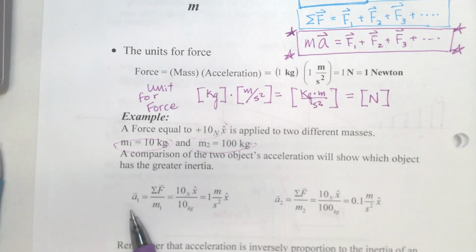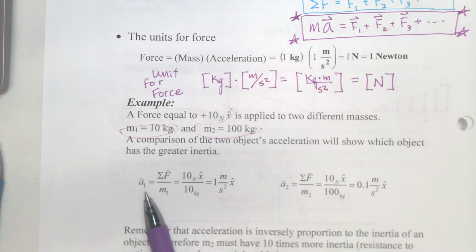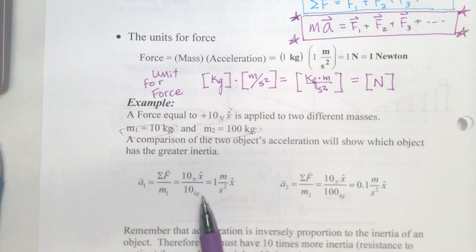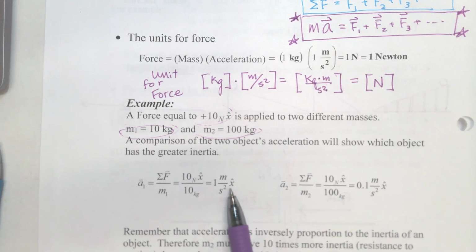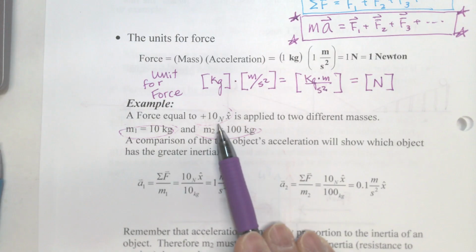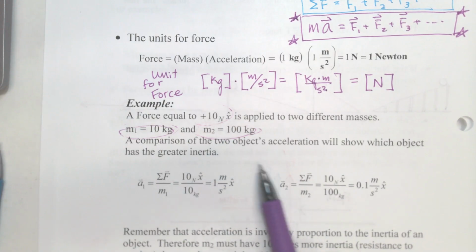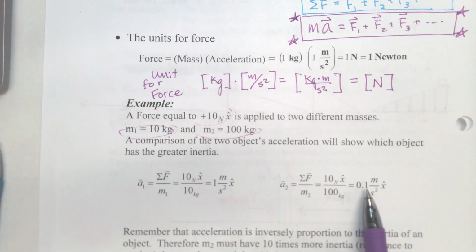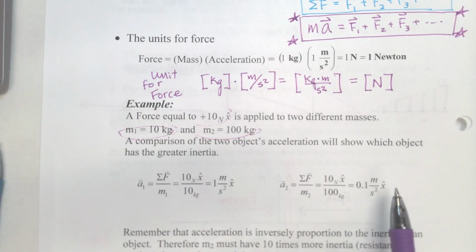If you calculate acceleration for mass 1, the net force of 10 newtons divided by 10 kilograms gives you 1 meter per second squared x hat. However, for mass 2, the net force of 10 newtons x hat divided by 100 kilograms is equal to 0.1 meters per second squared x hat.